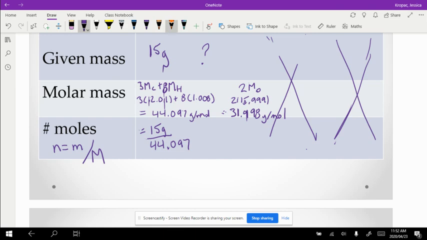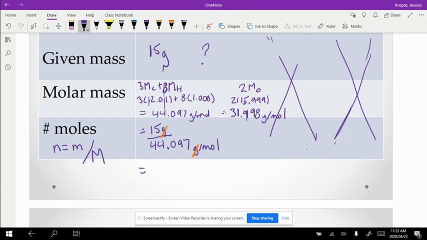44.097. Now, the nice thing about including units is I can see to make sure that I'm doing this correctly. My units for molar mass are grams per mole. Since I have grams on the top and grams on the bottom, these grams are going to cancel out.